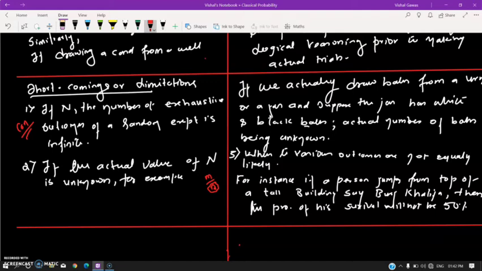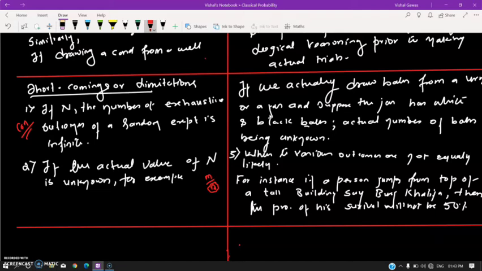There's no equal number of chances, because if he jumps from the Burj Khalifa, it's very highly probable that he's going to die. The chance of survival is pretty negligible. So this is not an equally likely outcome. What do you mean by equally likely outcomes? They have the same kind of chances of occurrence. Jumping from the top of a building is not an equally likely event, so I can't apply classical probability theory to this.